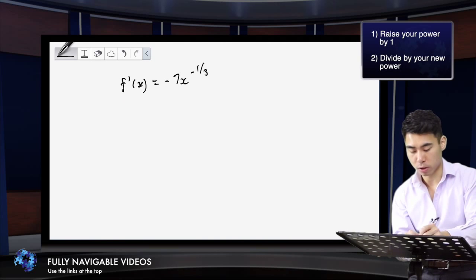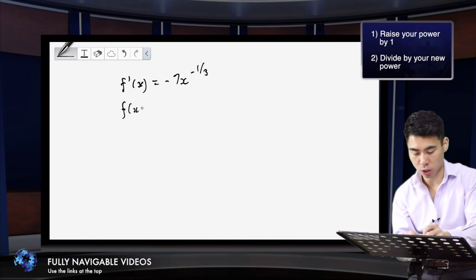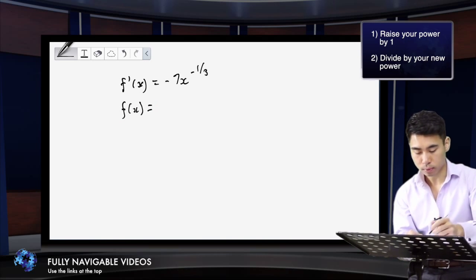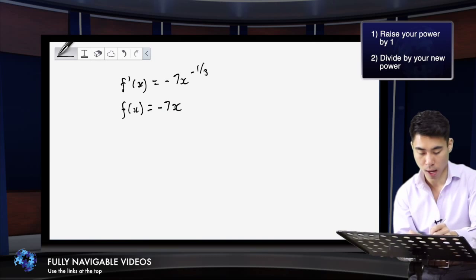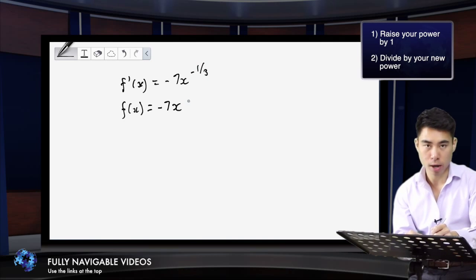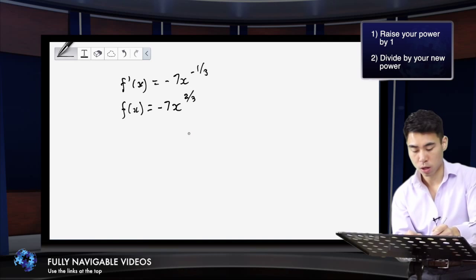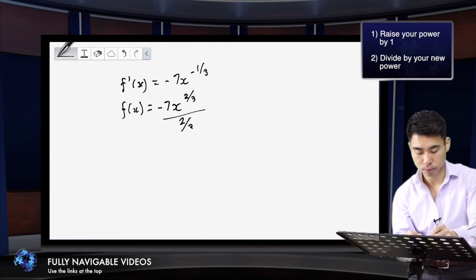The reason I'm giving you this example is that we have a fractional power, and when this is the case, it's exactly the same. You just need to be a bit more careful when you're raising your power by 1. So minus 7x there stays the same. Raising this power by 1, my minus 1/3 now becomes positive 2/3. So minus 1/3 plus 1 equals 2/3, and then obviously I'm going to divide through by that new power.